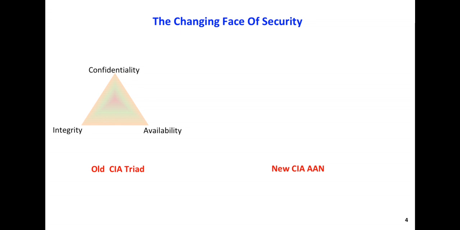This is also called the CIA triad. The abbreviation CIA stands for confidentiality, integrity, and availability. So this is what we need. They said this is the model that we should use for any secure communication arrangement.